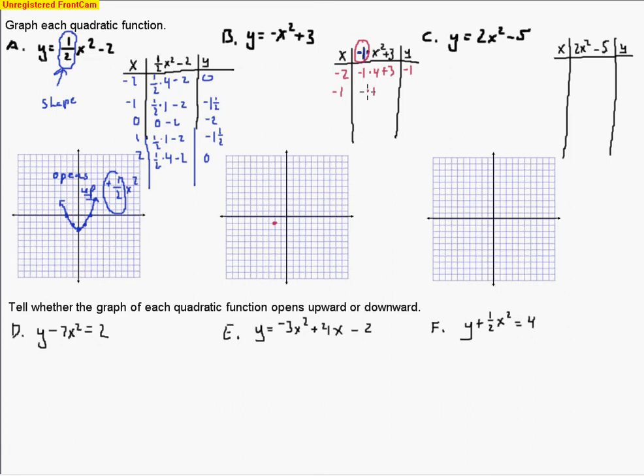For -1, we plug that in, we square -1, and we get 1. But then we've got to multiply it by -1, which forces us down. Plus 3 gives us +2 this time. And so we're going to go to the left 1 space and up 2 spaces. And when we plug in 0 for x, it cancels out all the multiplication and exponents, so we're just left with that +3. So we're just going to go over 0, up 3 spaces. Now, these graphs are symmetrical about this line we call the axis of symmetry, which in all of our cases so far is the y-axis.